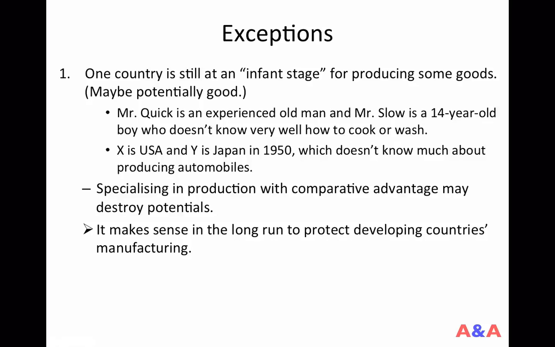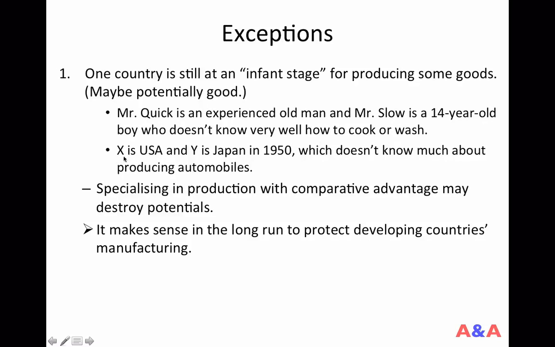Of course, the reality is not that simple, so let's look at a couple of exceptions before we conclude this class. For example, there is a situation in which one country is still at an infant stage for producing some goods. They may be potentially good, but they are still a baby. Imagine such a situation. Like Mr. Quick is an experienced old man and Mr. Slow is a 14-year-old boy who doesn't know anything about cooking or washing.